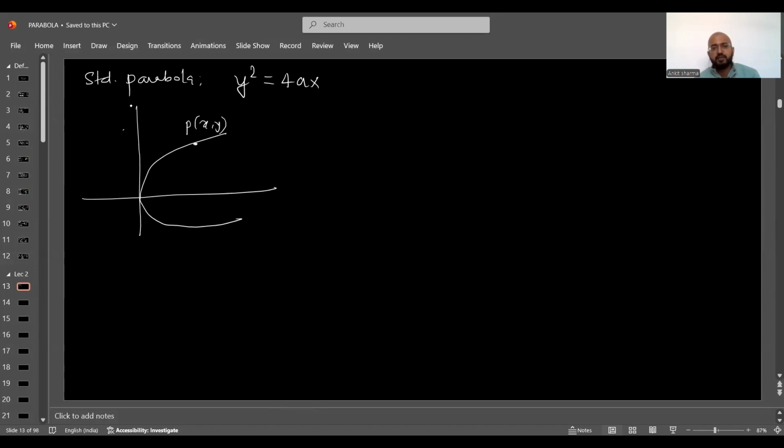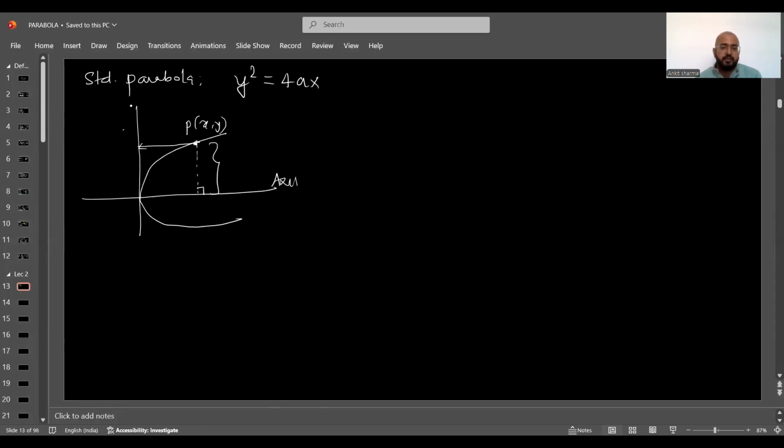Then I can think of this y as nothing but its distance from the axis. So y is nothing but the perpendicular distance of point P from the axis of parabola, and x is nothing but its distance from the tangent at the vertex. This thing is called the tangent at the vertex, which we will discuss later on.